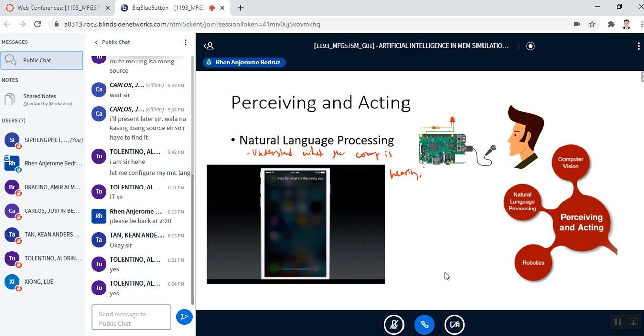In this case, this is a very simple diagram: a man saying, turn on the LED, or LED on, and then the LED turns on.